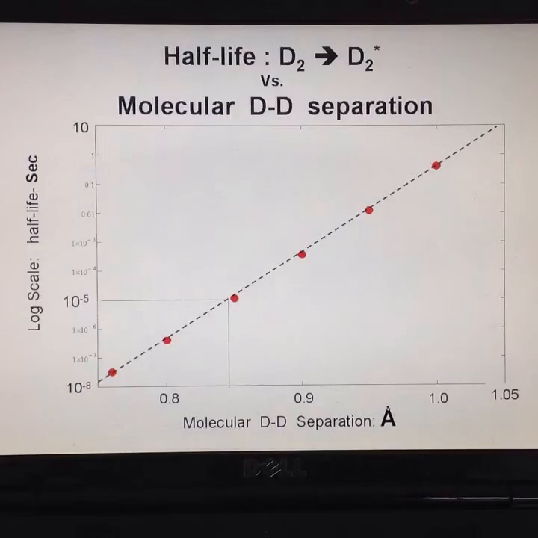From the time-dependent analysis using the respective wave functions, we can calculate the reaction half-life as shown here. We see that the 0.76 angstrom separation found in vacuum will give a 10 to the minus 8 second half-life. Note the 10 to the minus 5 second at 0.84 angstrom and the 10 seconds at 1.05 angstroms.